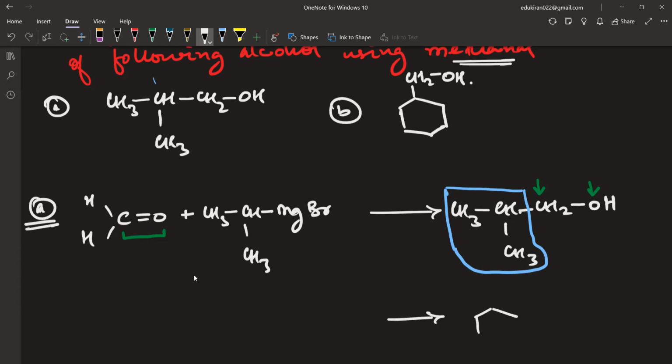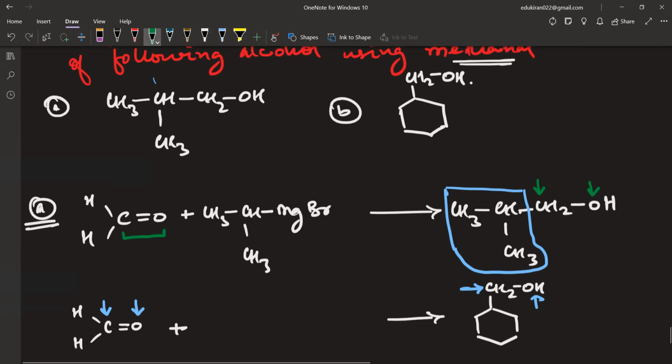If I look at the second one, it is more easy. I have this group here, cyclohexane. Then I have CH2OH. Here also they are saying I am going to use methanol. What will be my Grignard reagent? I can see that this carbon atom and this oxygen atom are coming from our methanol.